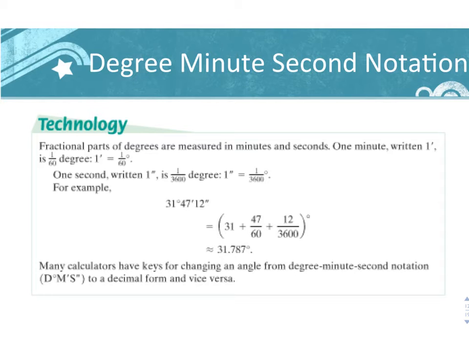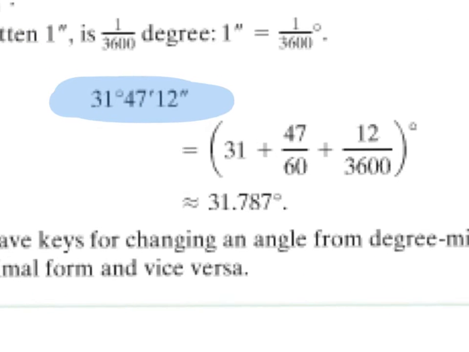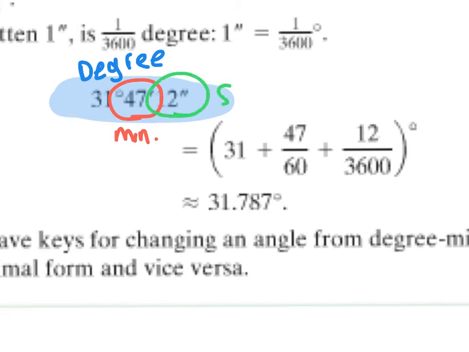And it will look something like this, where you've got a number raised to a degree, and then another number with a single tick mark and another number with a double tick mark. If you separate this out, this is the degree part. This part is the minute part, and this part is the second part. So degree has the degree symbol, minute has 1 tick mark, and second has 2 tick marks.